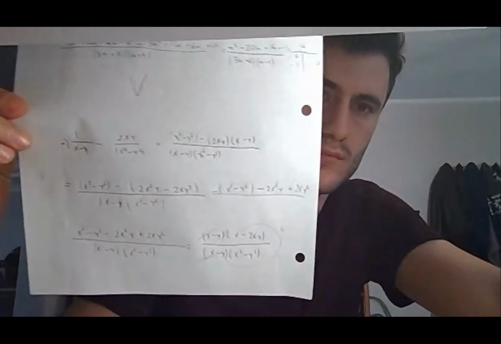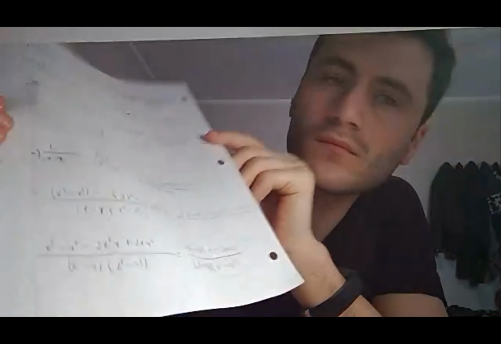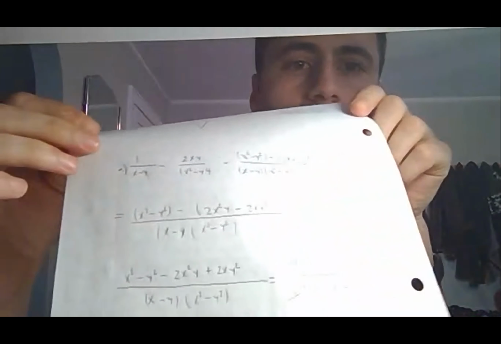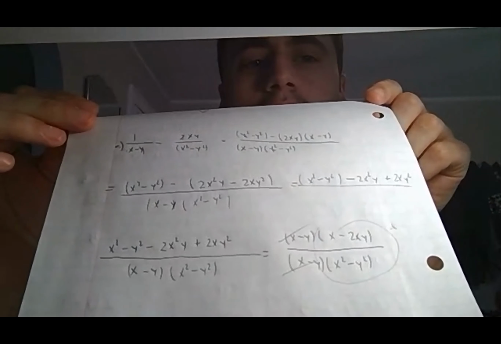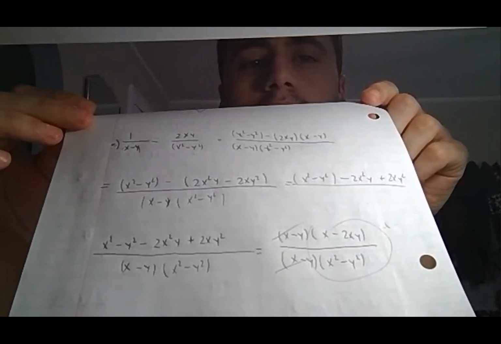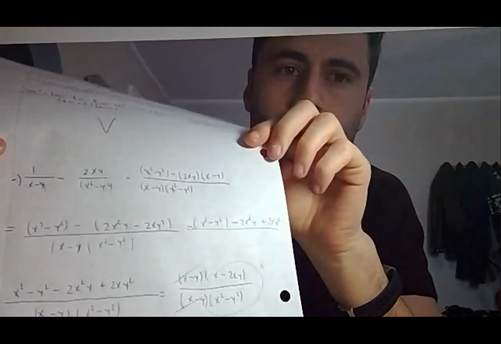So letter E: 1 over x minus y, and then 2xy over x squared minus y squared. Is it y square or y fourth?